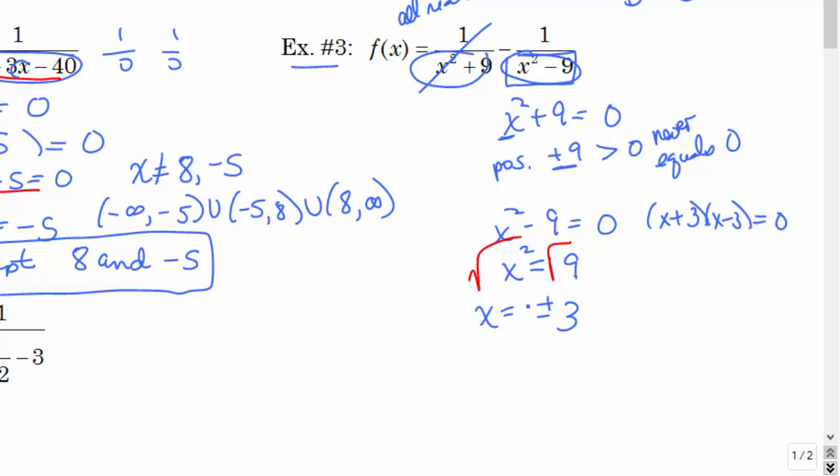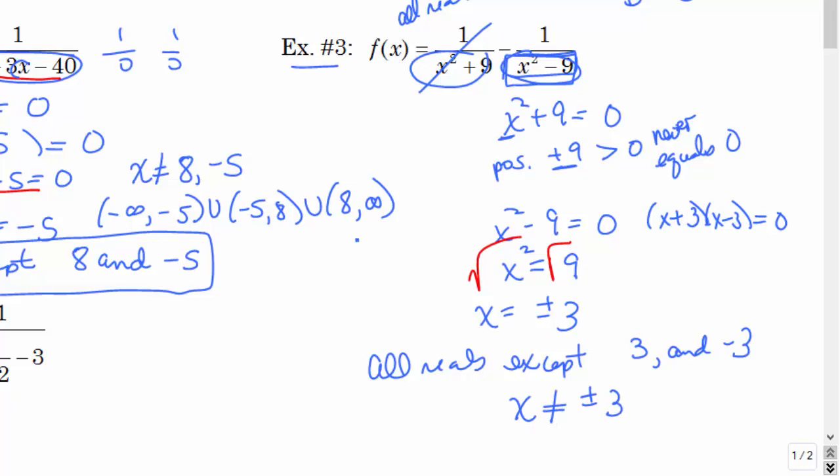You've got to make sure you have that plus or minus sign. And so these are the values that would make this denominator 0. So we would have all reals except 3 and negative 3. And again, you could write it like this. You could go back and write it in interval notation.